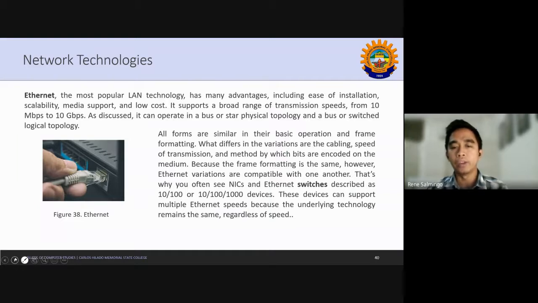That's why you often see network interface cards and Ethernet switches described as 10/100 or 10/100/1000 devices. These devices can support multiple Ethernet speeds because the underlying technology remains the same regardless of the speed.